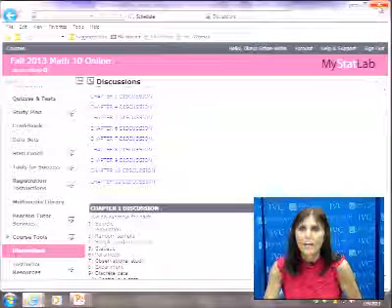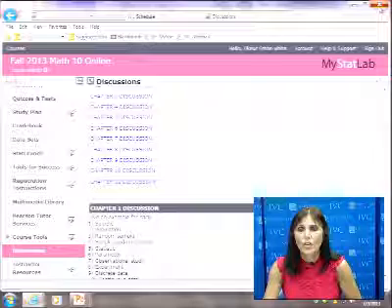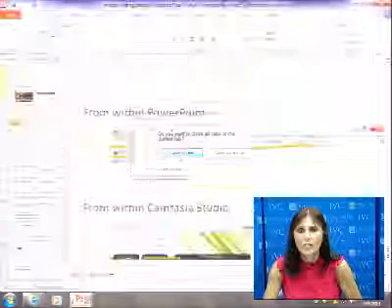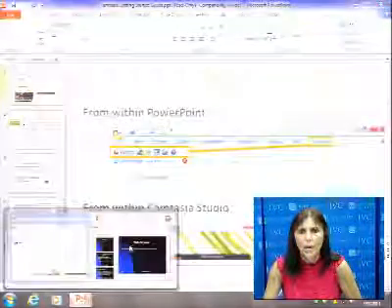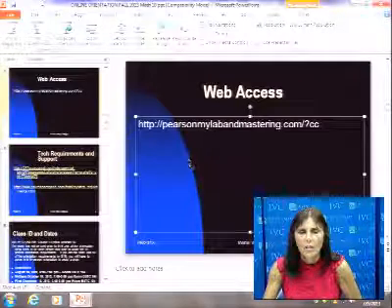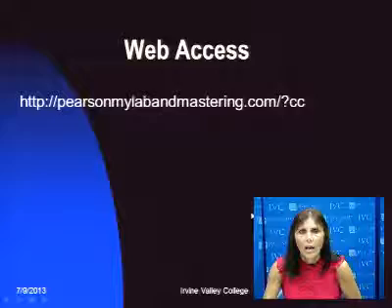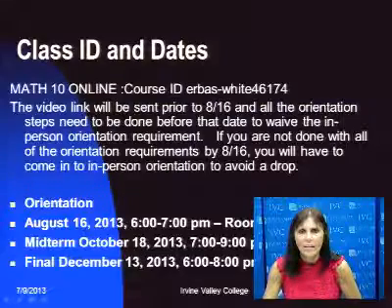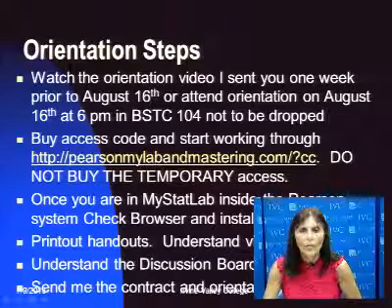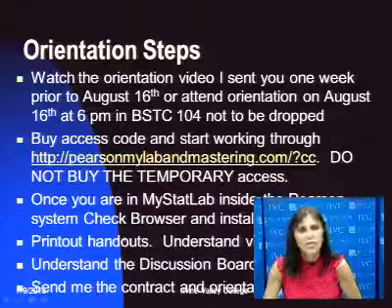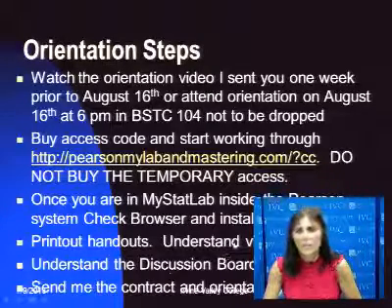All right. The other thing that you need to know in this class, let me close all this now and go back to my presentation. Okay, we talked about technical requirements, class ID, midterm, and the final, and orientation steps. This tells you to get the printout and understand how the discussion board works.